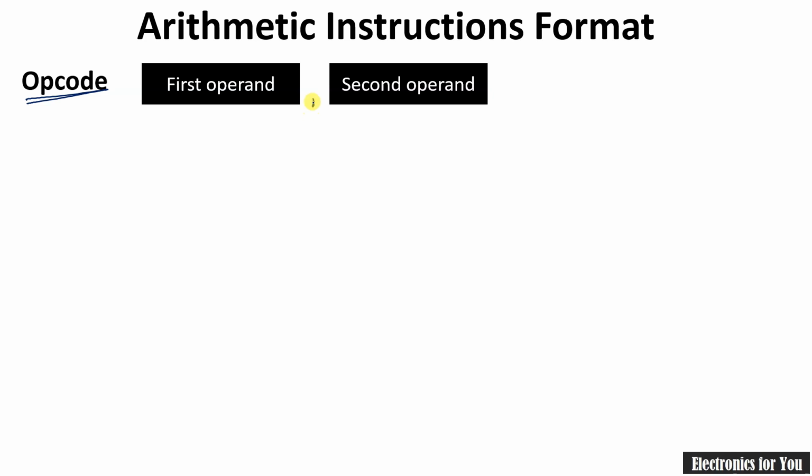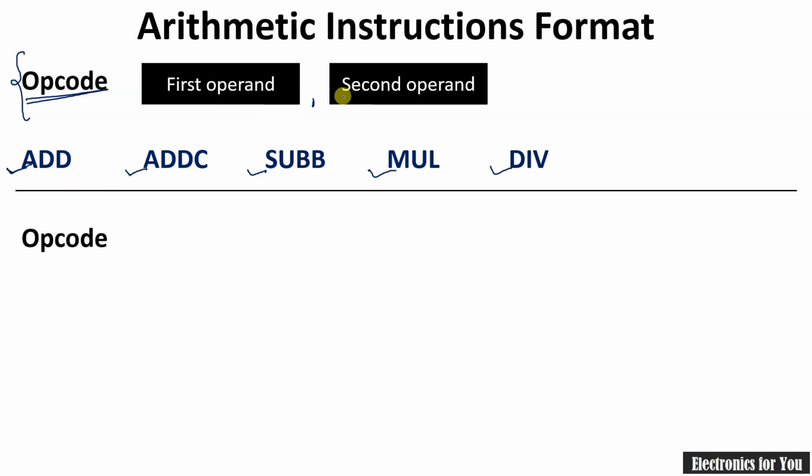The comma may be there or not, because note that in case of multiplication and division instructions there is no comma, but for some addition and subtraction instructions we use the comma. These are the different arithmetic instructions which use this type of format, that is opcode, then the first operand followed by the second operand.